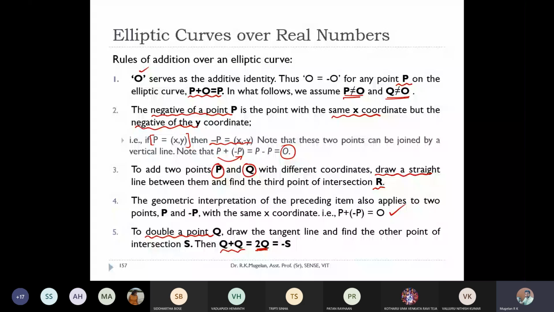We will see this repetitive addition in the upcoming slides. I hope you are clear with the basic rules of addition here. If it is clear, raise your hands.